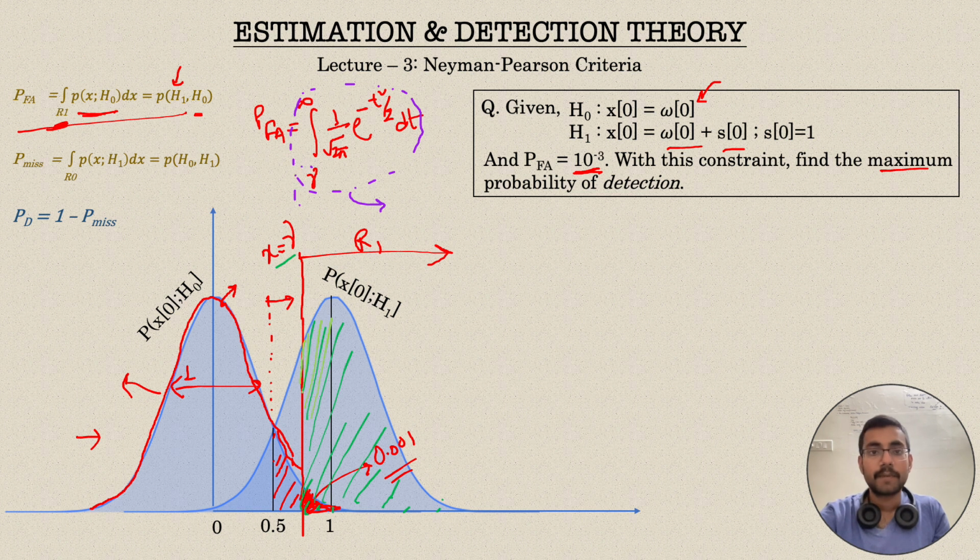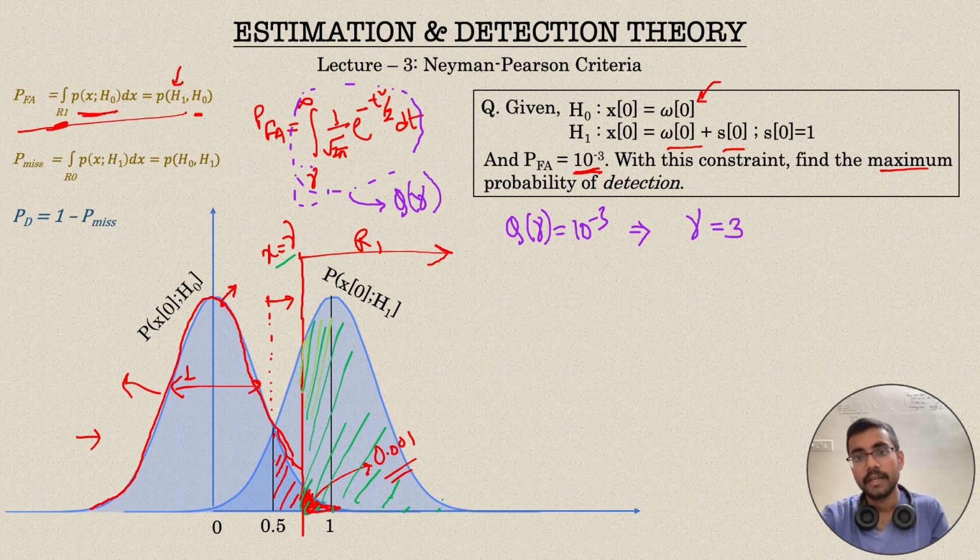So because this is particularly gamma, we have this Q function as Q of gamma. Now what we are given is Q of gamma is equal to 10 power minus 3. Just like there is a table for logarithm, there is a table for this Q function as well, from where you can find that gamma is equal to 3 if the Q of gamma is 10 power minus 3.